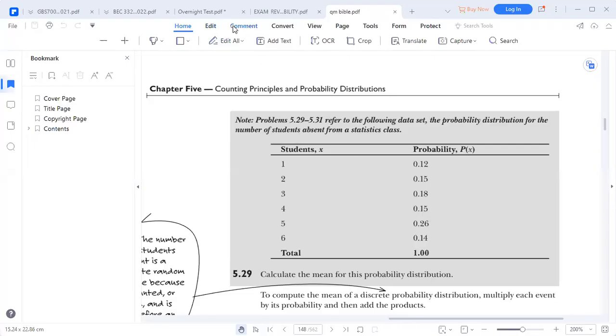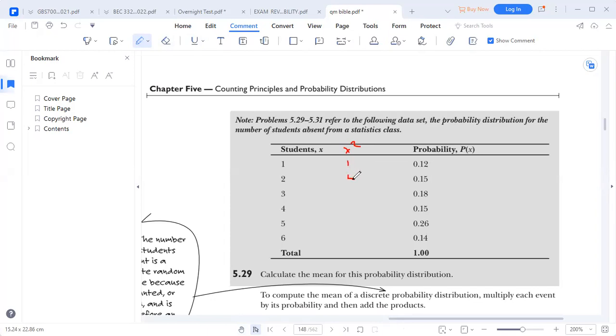So what we have here are the values of x. We can square the values of x. Have 1, 4, 9, 16, 25, and 36.